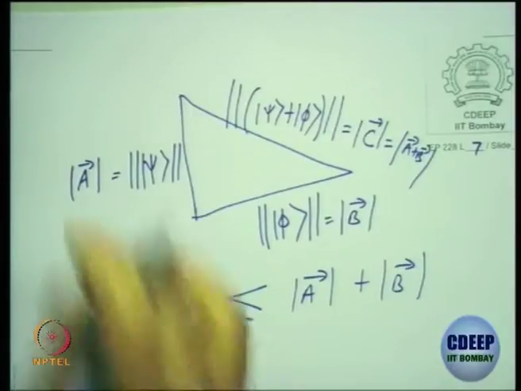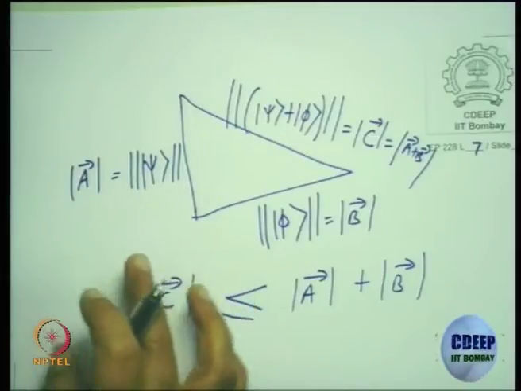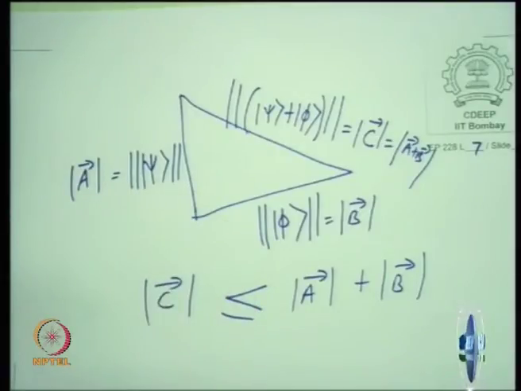I am just mapping it. Whatever I have written here is also true for an abstract notation in any dimensional vector space. It could be a complex or real vector space, it does not really matter. But this property will be satisfied. What is the property?